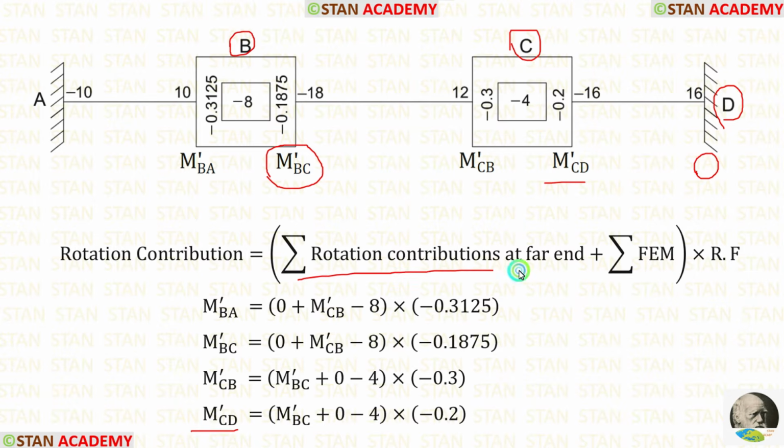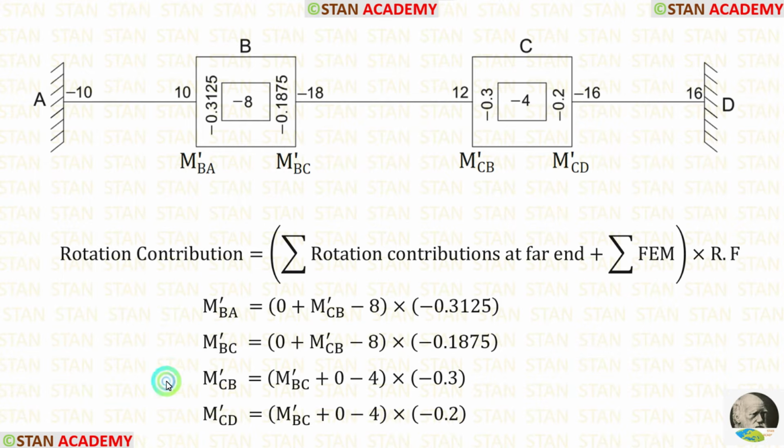So for the summation of rotation contributions at far end, we are having M'BC plus 0. The summation of fixed end moments is -4. The rotation factor for CD is -0.2. For M'CB and M'CD also, all of the values will be same except the rotation factor.